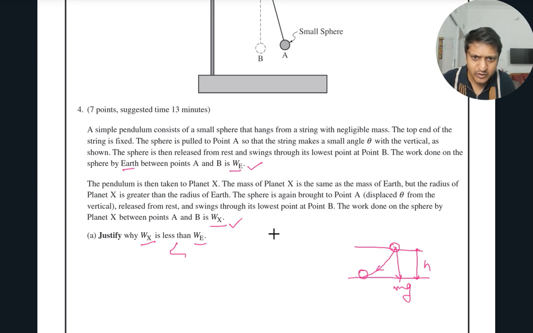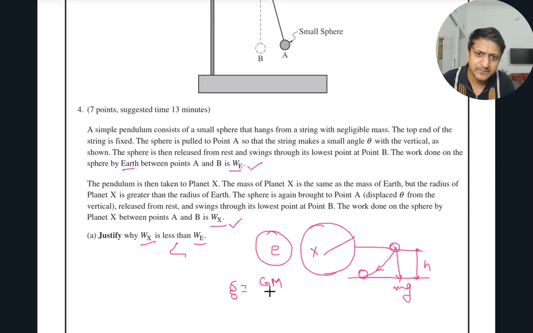When we are talking of two planets, one is Earth and another planet which has a bigger radius but similar mass, that is planet X. So the value of g is GM by R squared. If the mass is the same but the radius is increasing, the gravitation will be less.